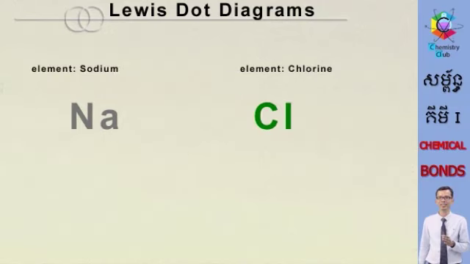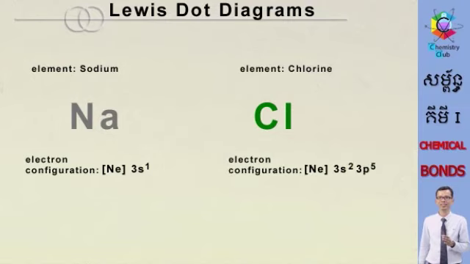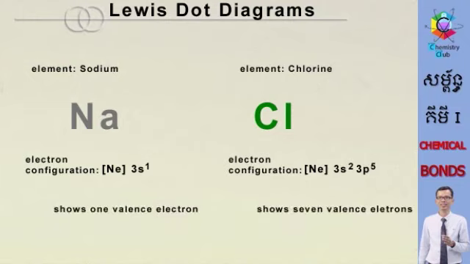Remember that the electron configuration for sodium is Ne 3s1, and that the configuration for chlorine is Ne 3s2, 3p5. Notice how the abbreviated form of the electron configuration allows you to concentrate on only the valence electrons.